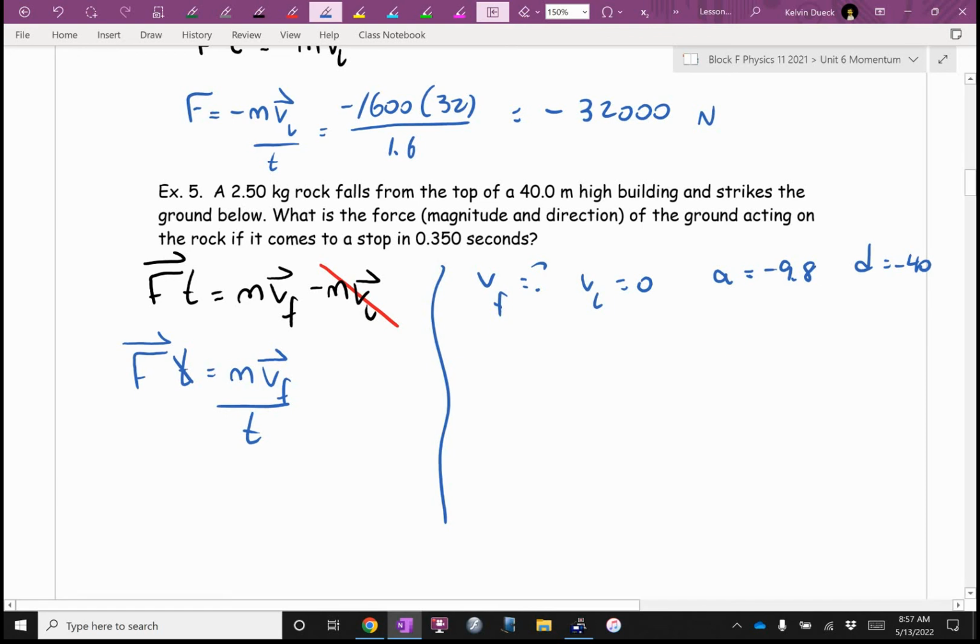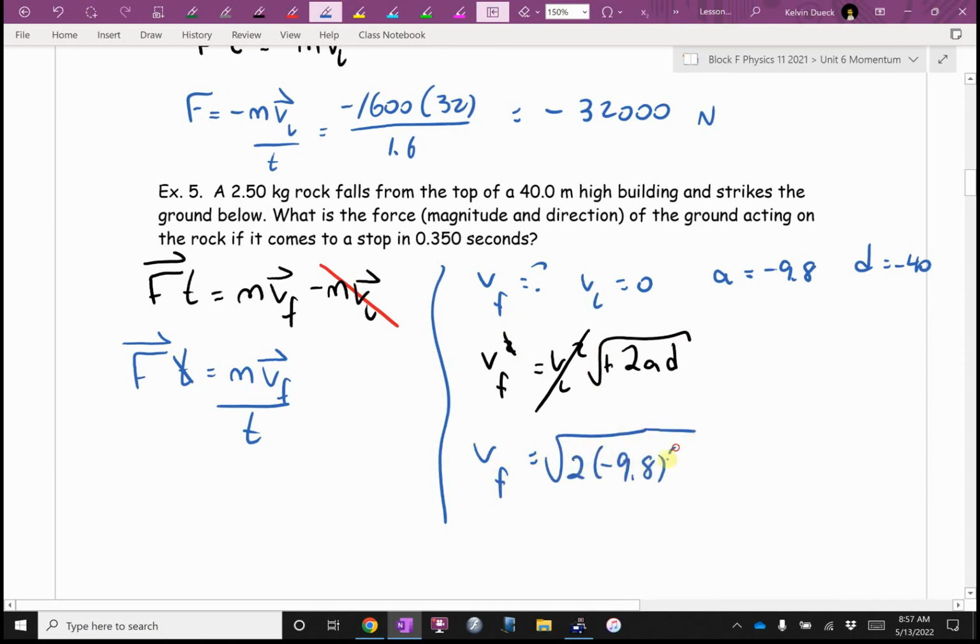Aiden, which equation? VI is 0. Yay. How to get rid of a squared? Yep. So I get VF equals the square root of 2 times negative 9.8 times negative 40.